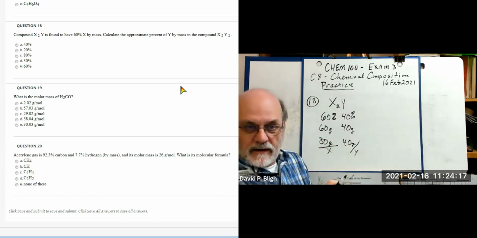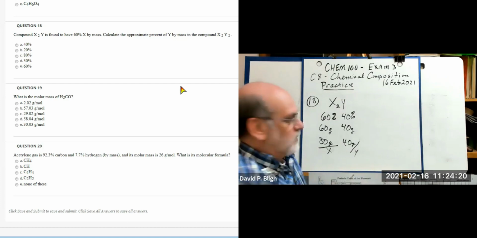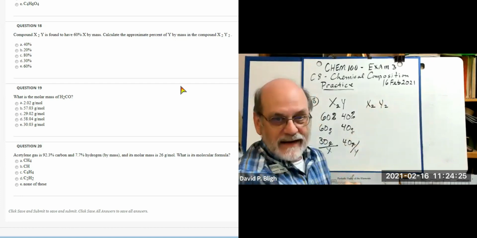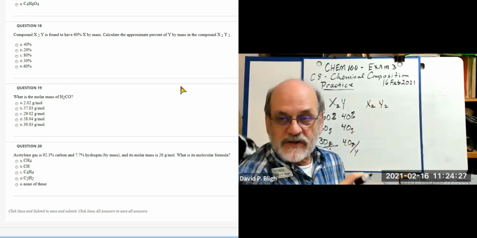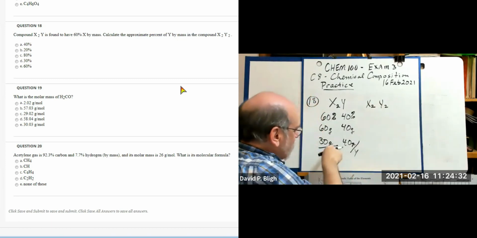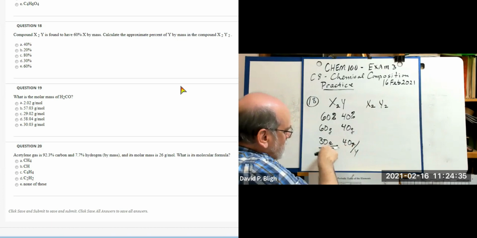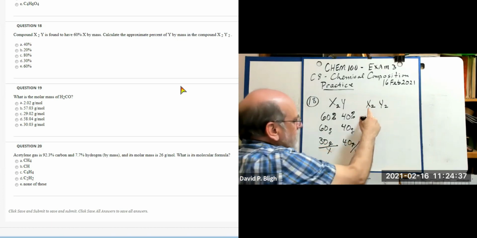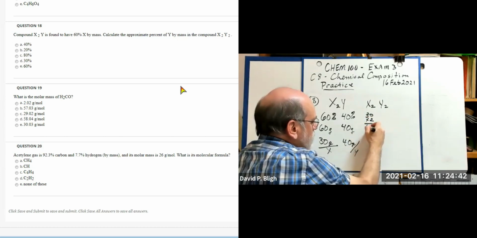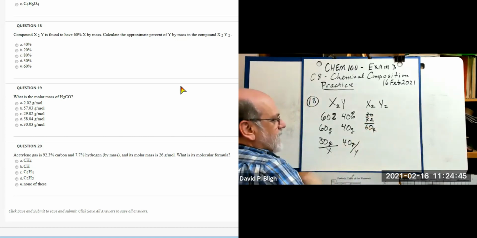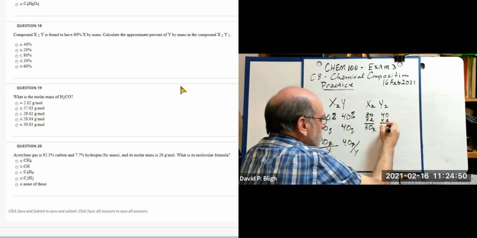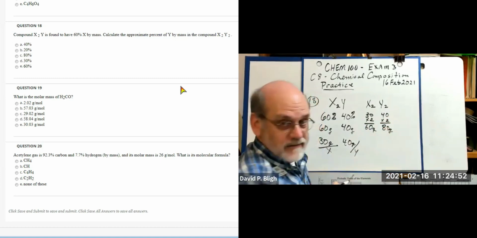Now it says take X2, Y2. And now it wants to know what's the percent of Y by mass. So now that we have these ratios here, 30 grams per X, 30 times 2 would be 60 grams, correct? And 2 Ys would be 40 times 2, 80 grams, right?